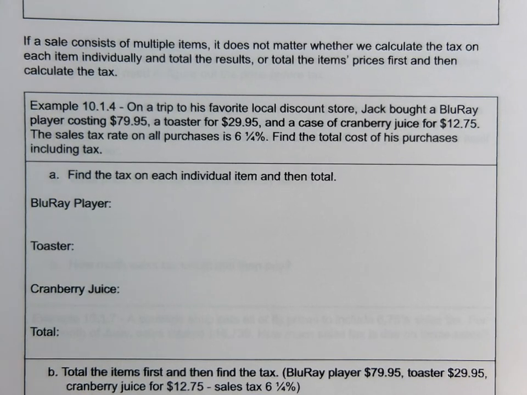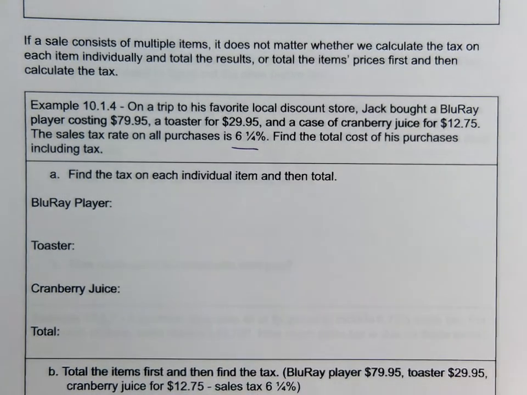On a trip to his favorite local discount store, Jack bought a Blu-ray player costing $79.95, a toaster for $29.95, and a case of cranberry juice for $12.75. The sales tax rate on all purchases was 6.25%. Find the total cost of his purchases, including tax.